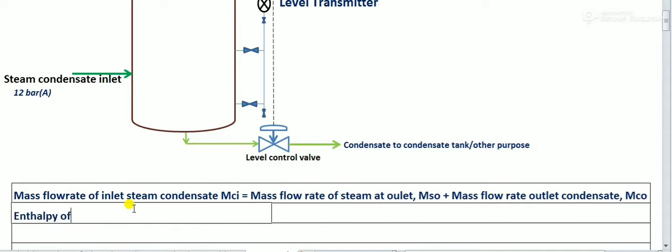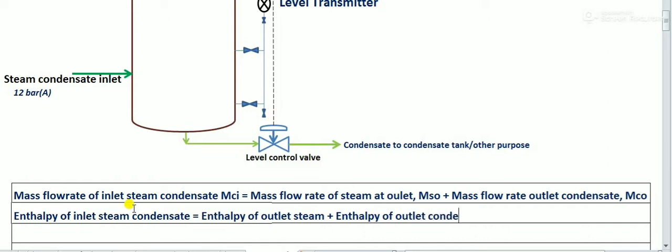enthalpy of inlet steam condensate is equal to enthalpy of steam outlet plus enthalpy of outlet condensate, right?